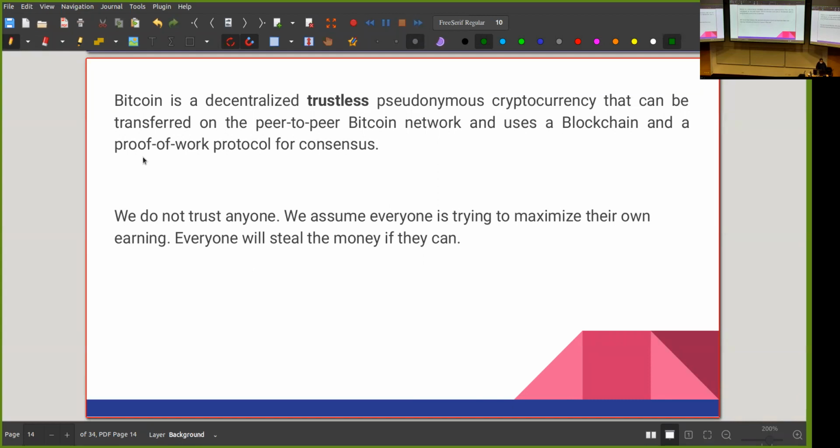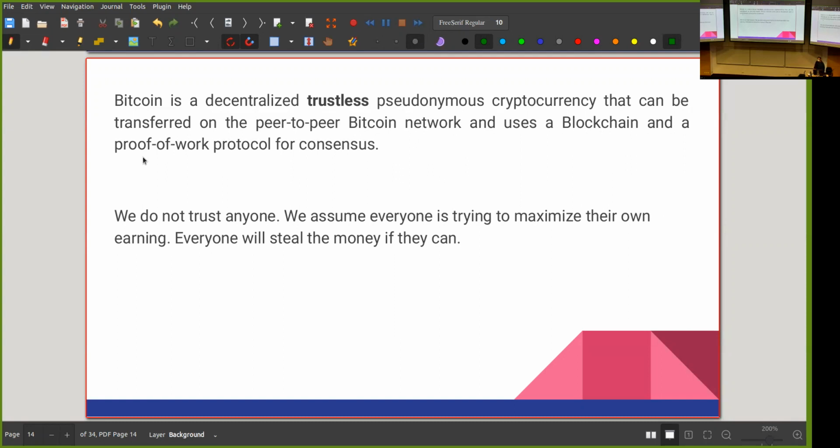Finally, and this is probably the most important word and the one that is often omitted, the system is trustless. And by trustless, I mean that we don't ever trust anyone. Generally, the ethos in the blockchain sphere is that we are very paranoid people.